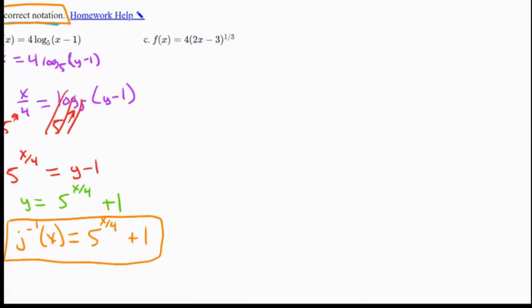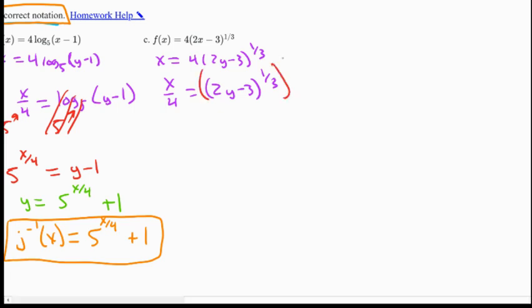Last one here, switching x and y for 2y minus 3 to the power of 1/3. When I am going through this, I'm going to again divide by 4 first. 2y minus 3 to the power of 1/3. And then to get rid of this power of 1/3, you could look at it as the cube root if you wanted to, or just know that you can raise this to the power of 3.